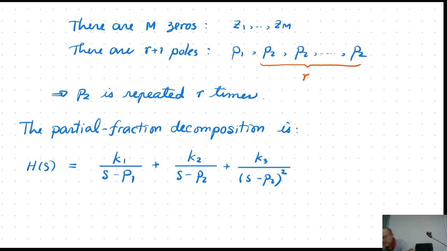And the third term is K4 over (s minus p2) to the third.